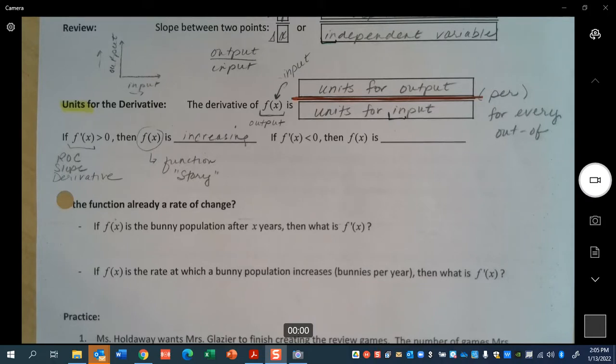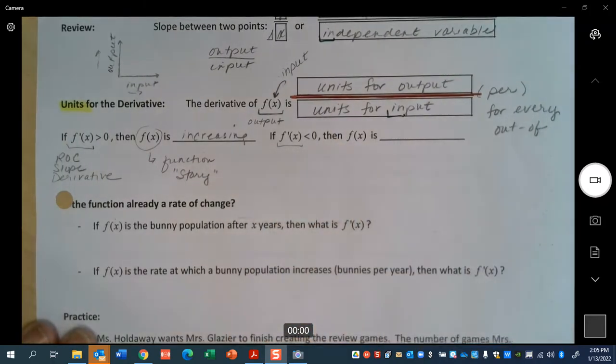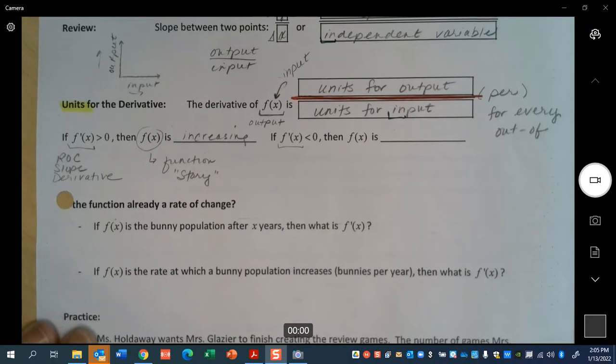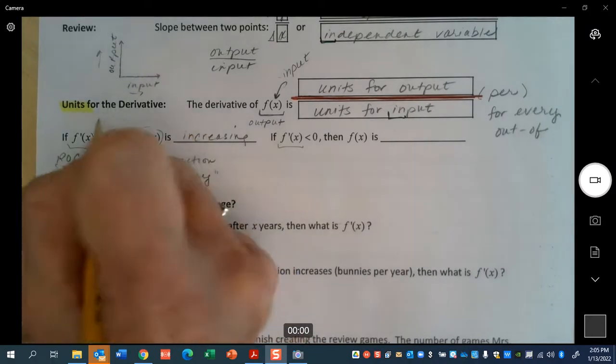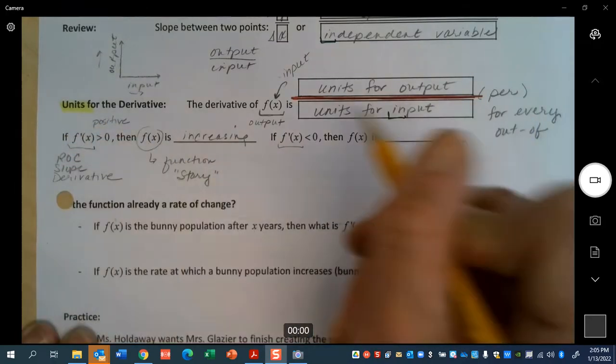And increasing can be moving up in the air. Increasing can be moving right on the number line. Increasing, getting bigger. If your derivative, which is also your rate of change, your slope, is less than 0, and make sure you understand when we talk about greater than 0, that's a positive value.